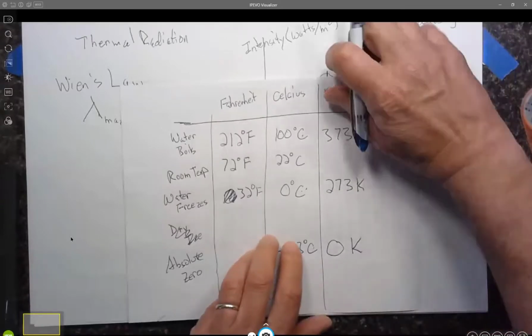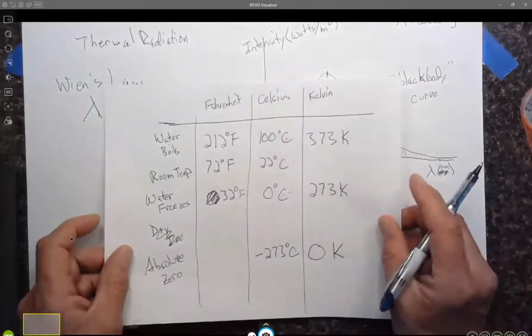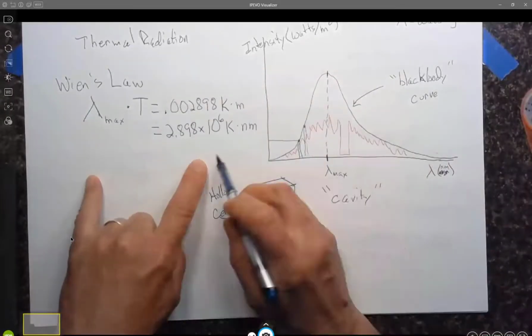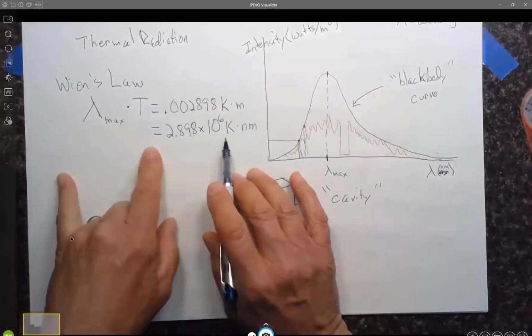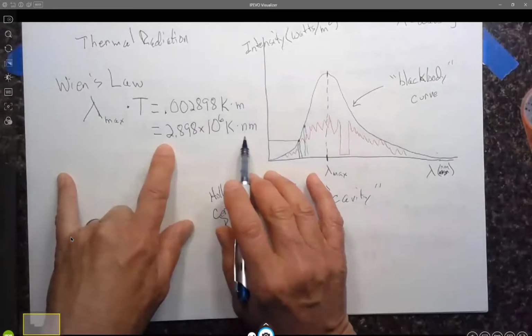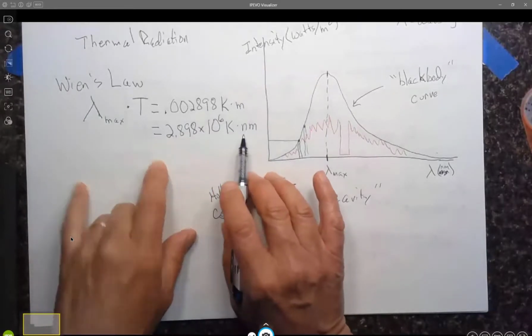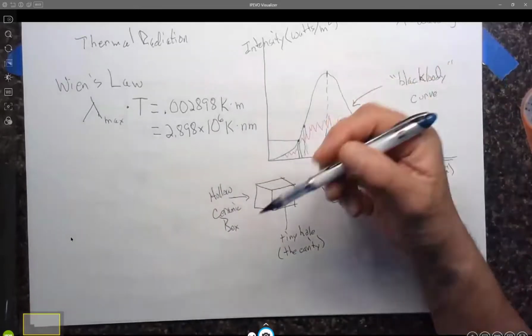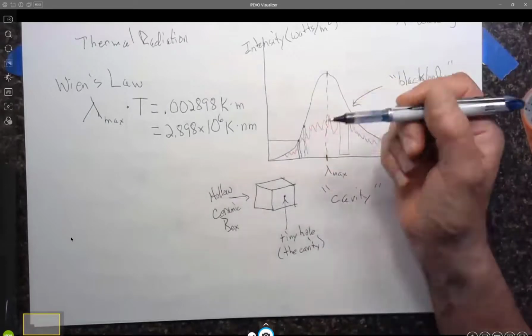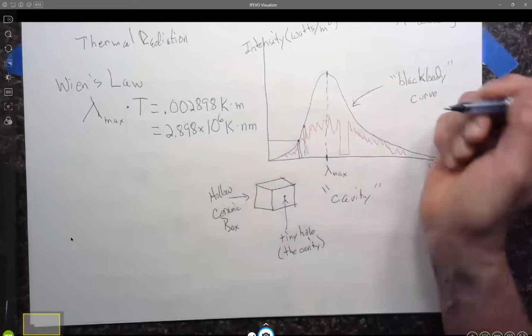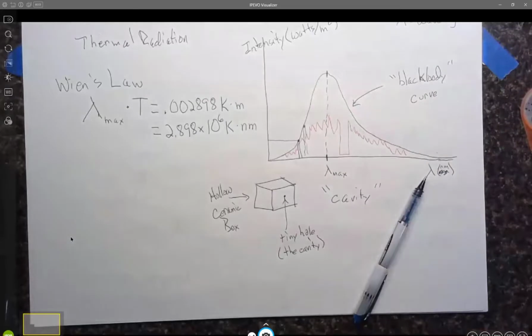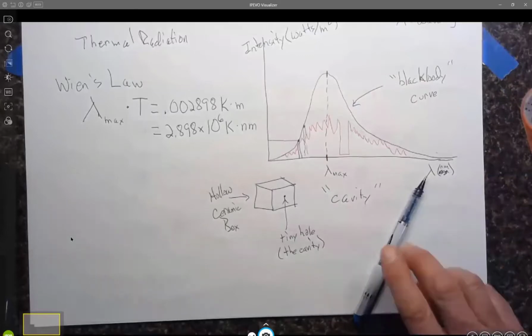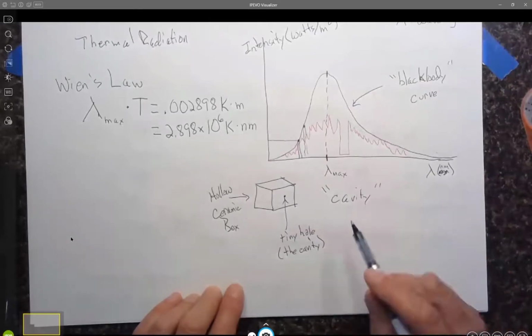But the reason that we need the Kelvin scale is because Wien's Law uses the Kelvin scale for getting the temperature. If you've taken a chemistry class, or if you do at some point, when you get to laws in chemistry that depend on temperature, it's usually the Kelvin scale that you have to worry about. Things like the ideal gas law or the van der Waals equation for a gas. Those are outside the scope of this course, but that's the way they work.